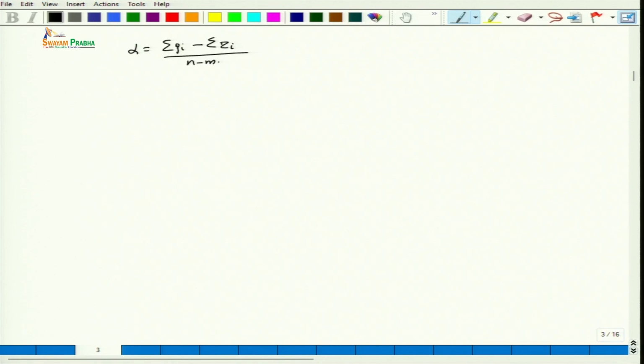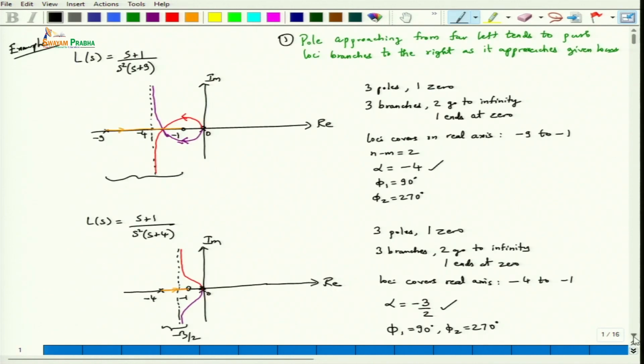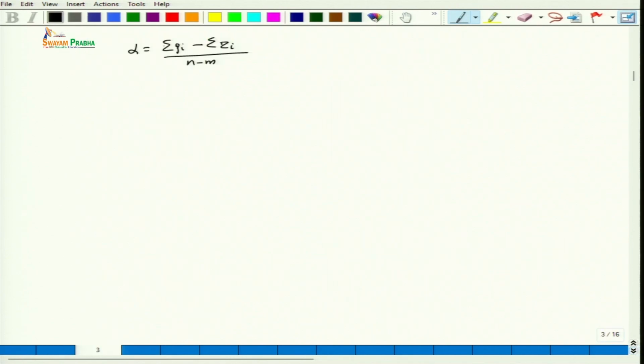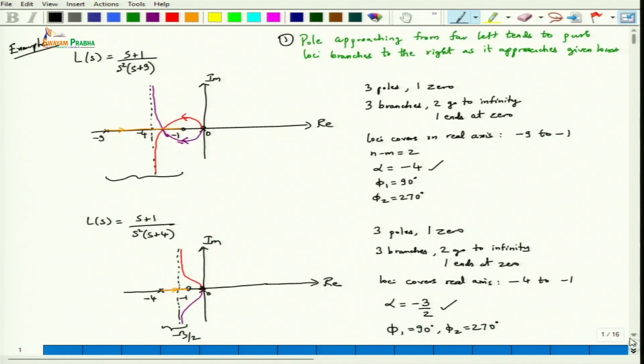This formula tells us that as the poles start from the left hand side and move towards the right hand side, this part will go on decreasing with respect to alpha, and alpha will tend to move towards the right hand side. Similarly, as we add zeros, their values will get subtracted and they will move towards the left hand side. So this formula justifies these two observations which we have made from this example.